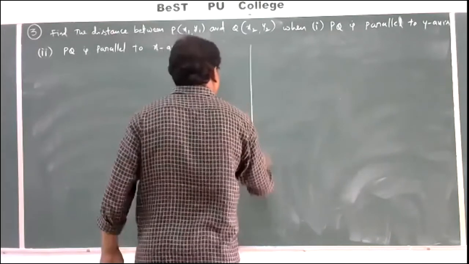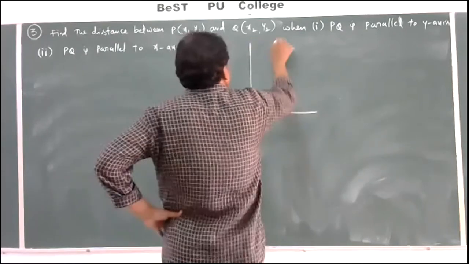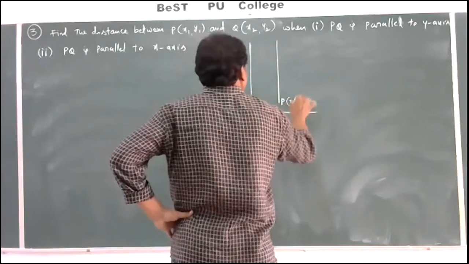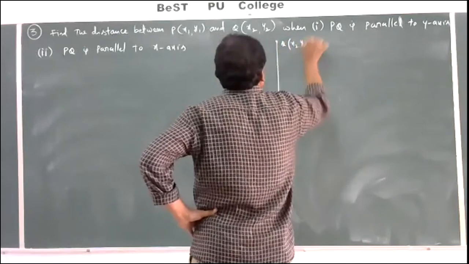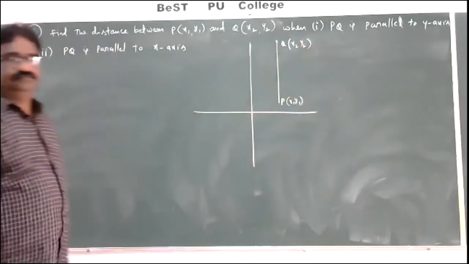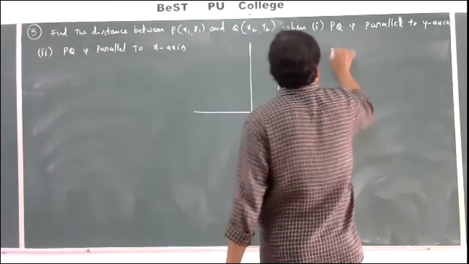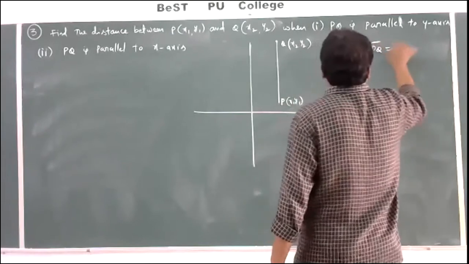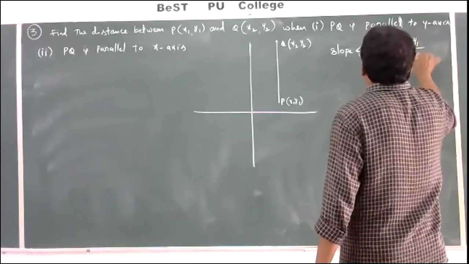Yes, again draw the figure. For example, this is P (x1, y1), this is Q (x2, y2). What is the PQ slope? Slope of PQ bar is equal to y2 minus y1 by x2 minus x1.